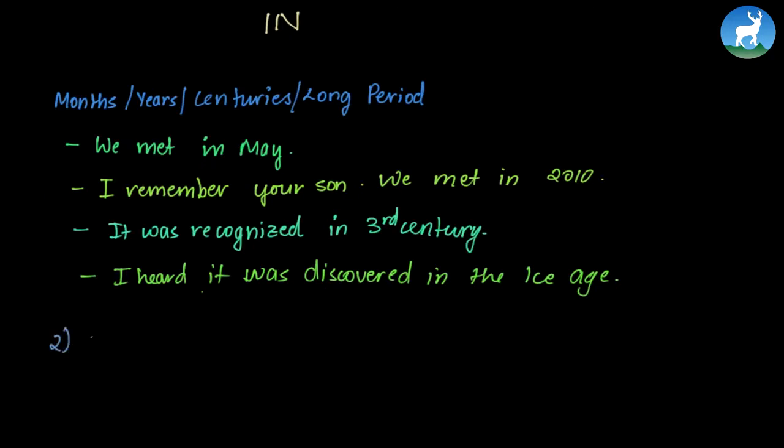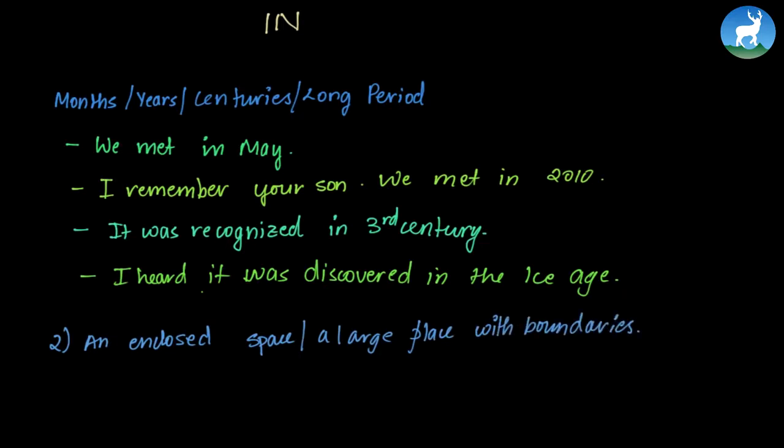Another way in can be used is to describe an enclosed space. It is used to describe an enclosed space or a large place with boundaries. For example, the keys are in the bag. So this is an enclosed space.